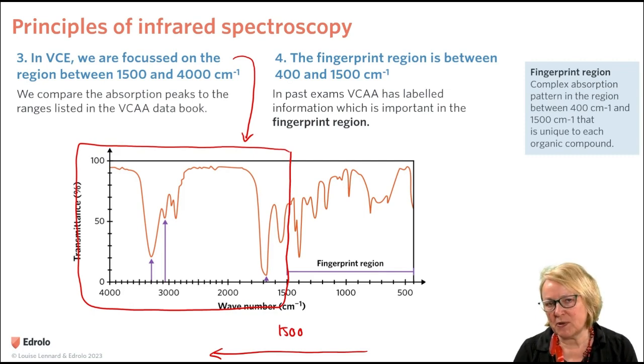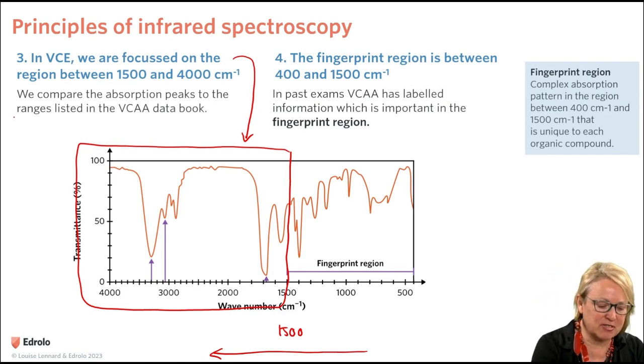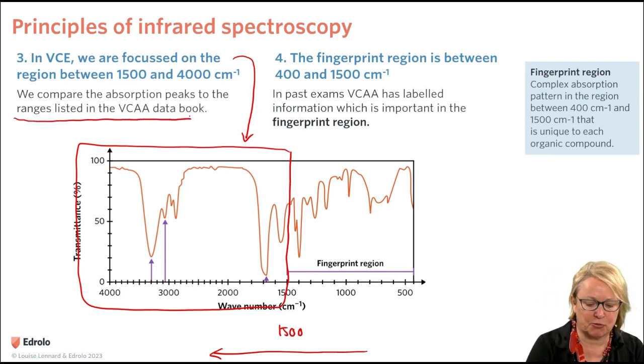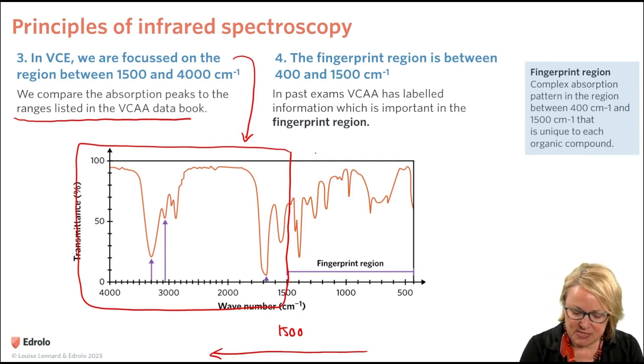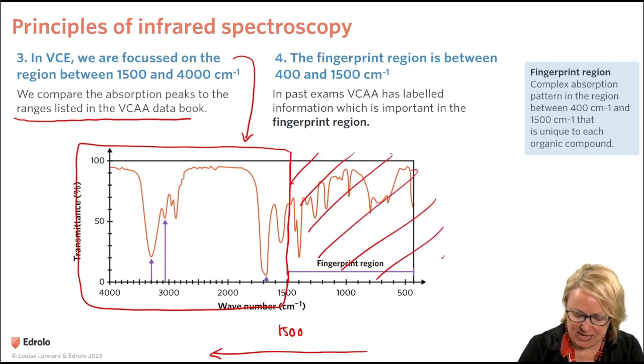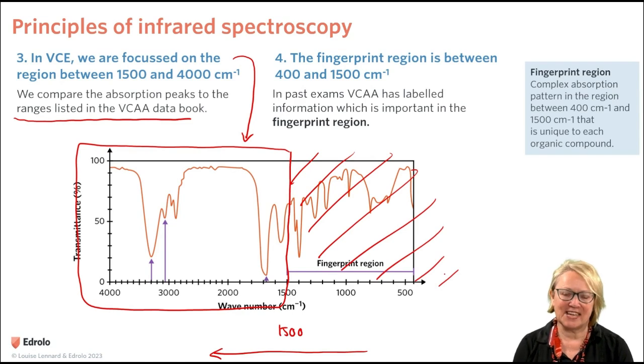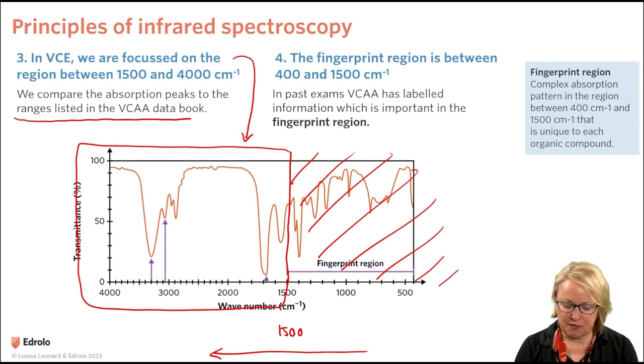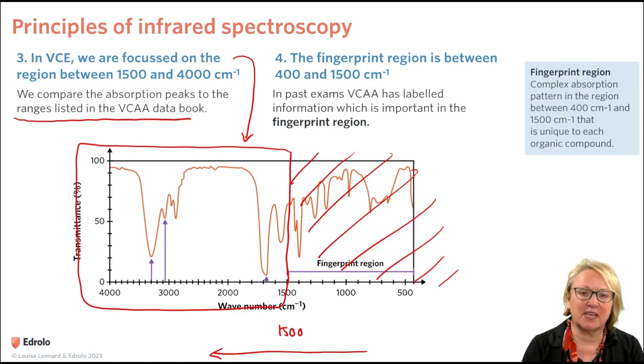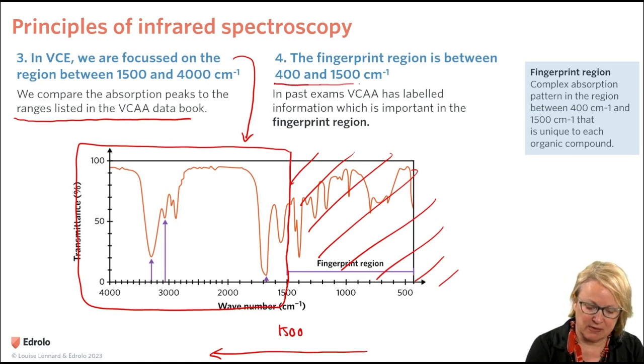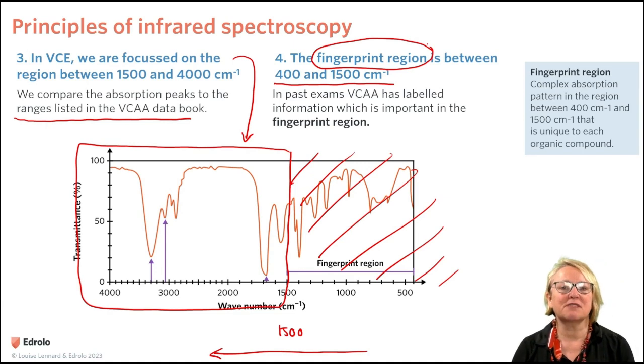What we do is compare the absorption peaks of our spectrum with the ranges listed in the VCAA data book. The section that I've blacked out here, from 400 to 1500 centimetre^-1, is called the fingerprint region. It's called that because every organic compound has its own unique fingerprint.